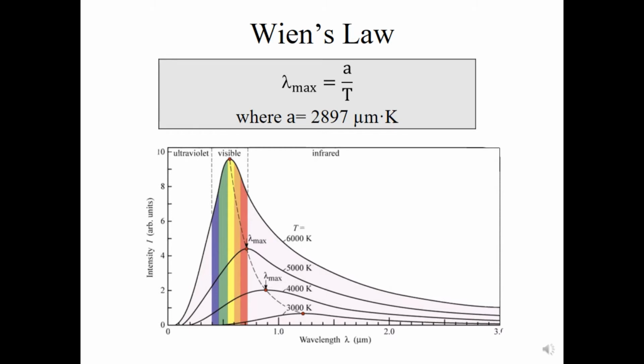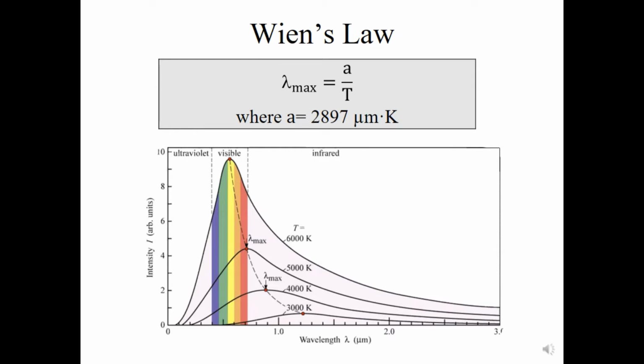Wien's law basically is a way to quantify what the wavelength of maximum emission is for a black body at a given temperature. What is done mathematically is to take the derivative of the Planck radiation distribution function and set it equal to 0 to find the peak in the curve, and then solve for the maximum wavelength.